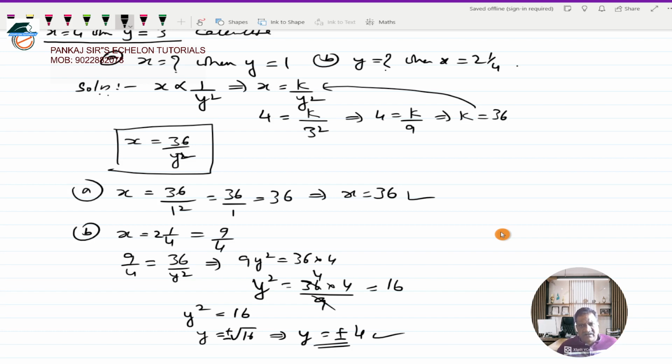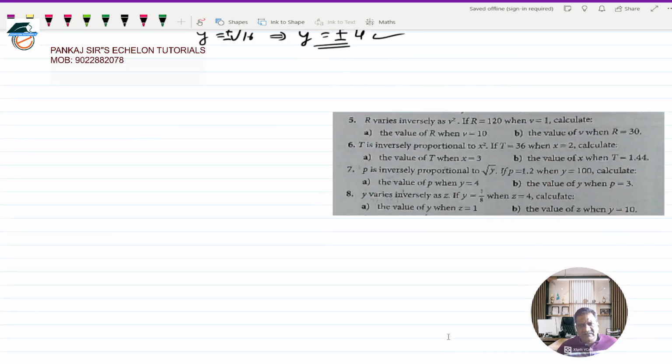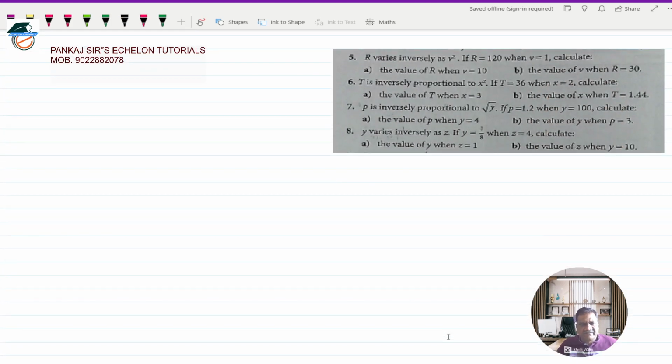Now let us come to question number 5. Question number 5 says that R varies inversely as V square. So I'll write it that R is inversely proportional to V square.